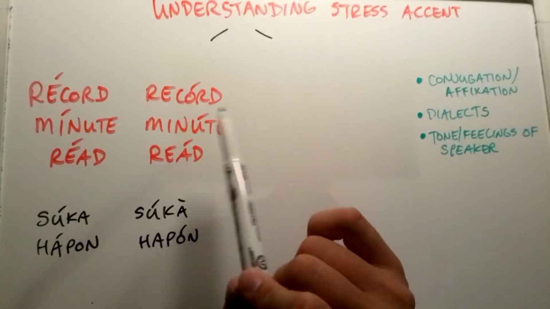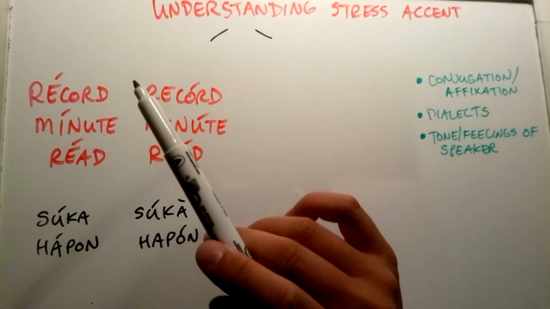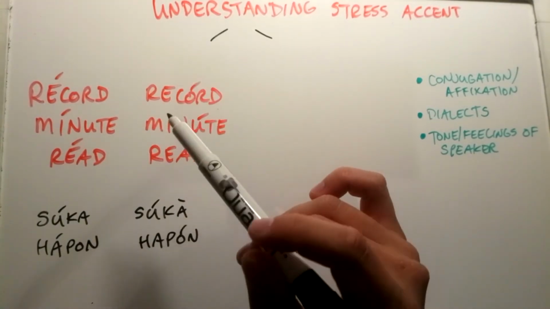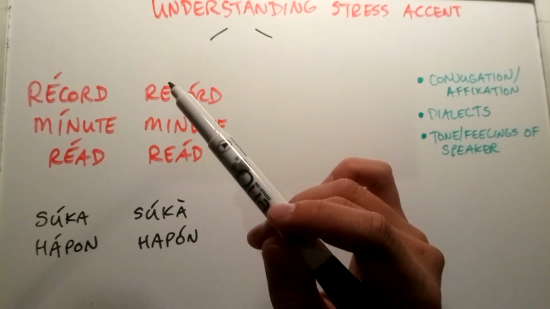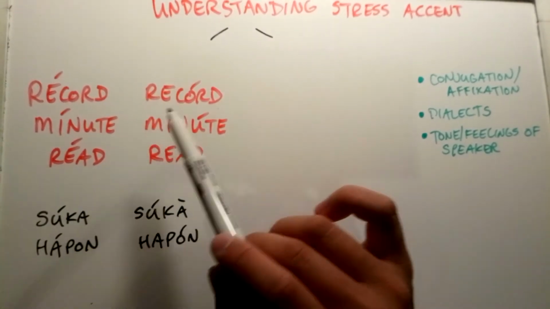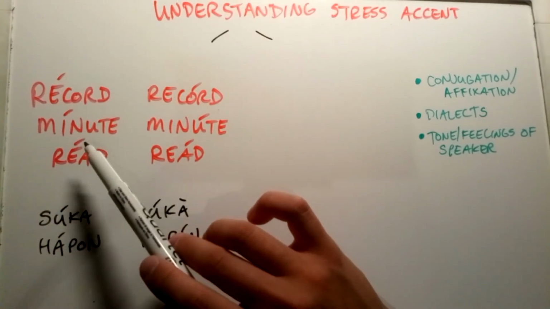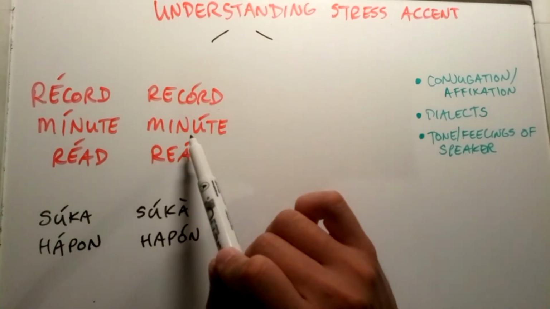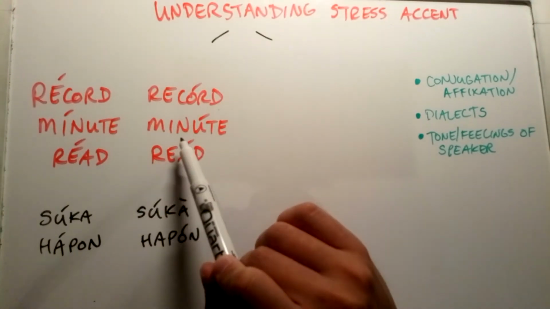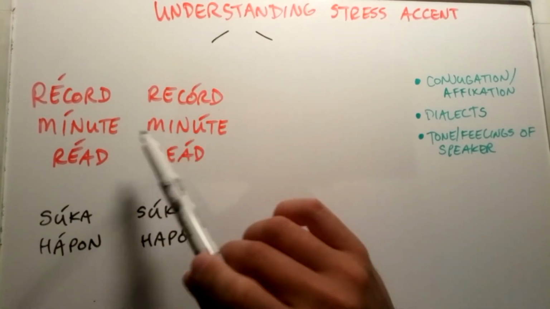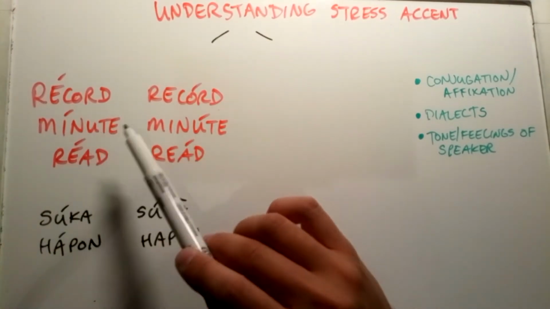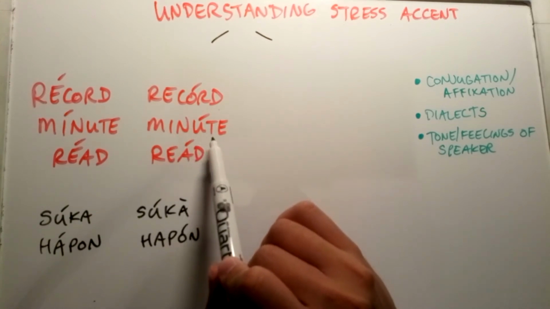So that's one example of how stress accent can change the meaning of the written word. Another one is minute, and then the next one, which is written the same, is minute. Every minute counts, but the minute details don't.